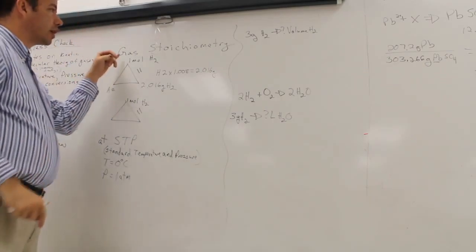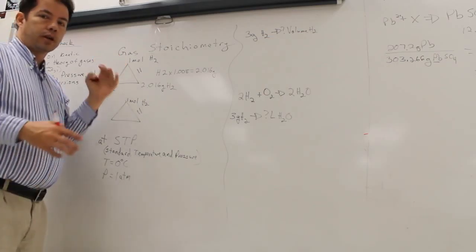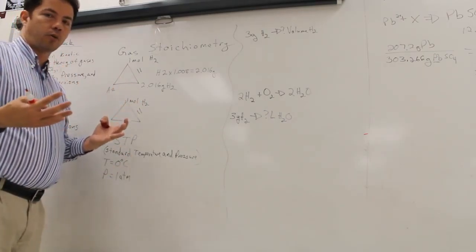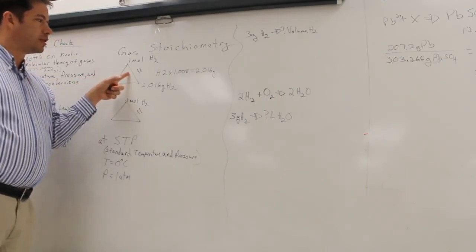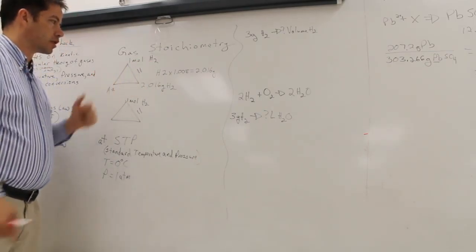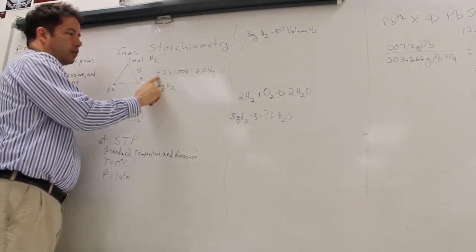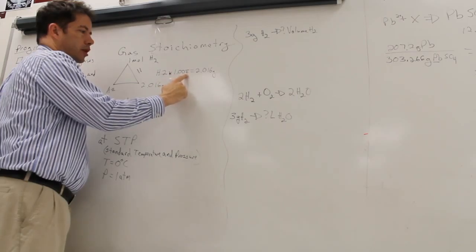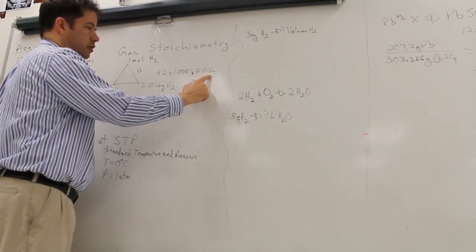Now we're going to look at gas stoichiometry, because if a chemical is in its gaseous state, there are some things that are always considered to be true. So first, by way of review, when we first started this, we learned that 1 mole of hydrogen gas, H2, because it comes in pairs, is equal to, remember we calculate the molar mass for the triangle, so we took H, there's 2 of them, multiplied times the atomic mass on the periodic table, so 2 times 1.008 equals 2.016 grams, okay?